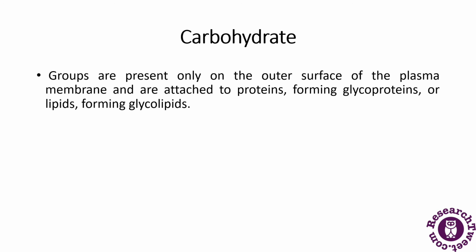Carbohydrates, alongside peripheral proteins, lead to the formation of concentrated sites on the surface of the cell which identify each other. This identification is very crucial to the cell, as it permits the immune system to distinguish between the cells of the body and foreign cell tissues.